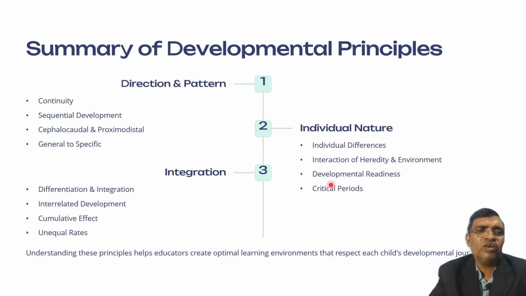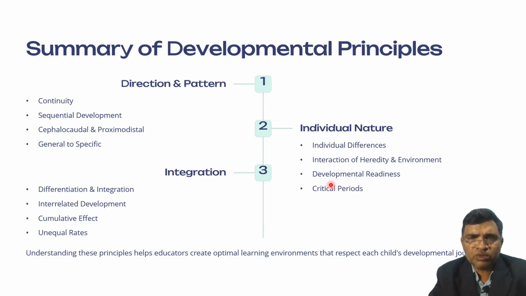So what did we learn here? We learned about the direction pattern and continuity. It is a sequential development. Cephalocaudal means growth starts from head to toe. Proximodistal means it starts from the middle of the body. Then general to specific.